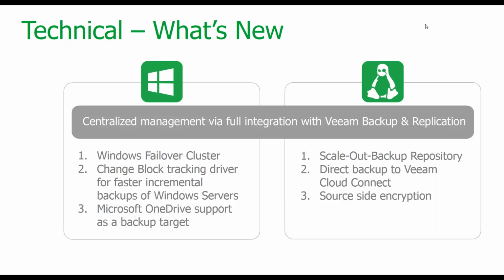And that change block tracking driver, that's pretty good stuff. I'm actually starting a white paper on that coming up soon. And then also on the Linux side, I'm really a fan of some of these rounding out capabilities. One, sending the Linux backups to the scale-out backup repository. That's a great technology, by the way, to make sure you never fill up, or if you need more or need to remove something, that scale-out repository is a great target.